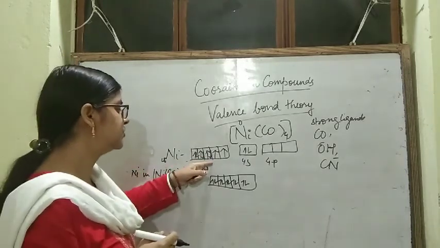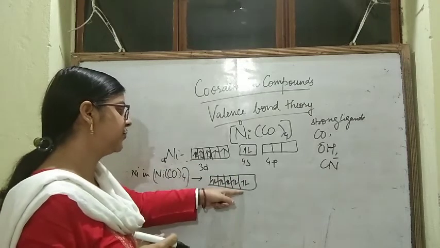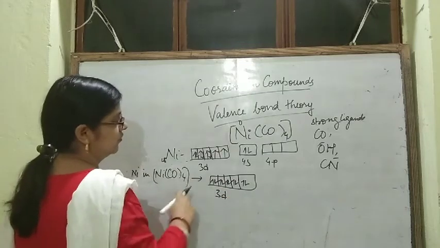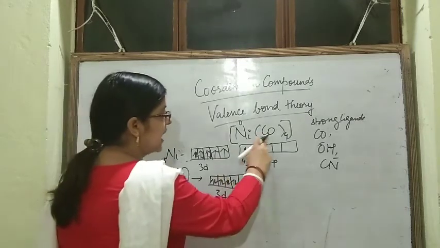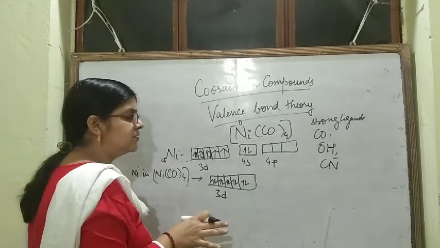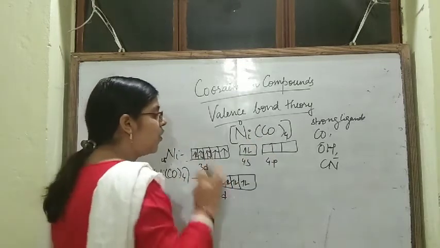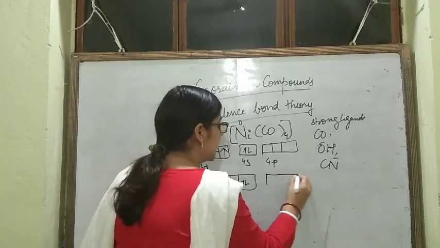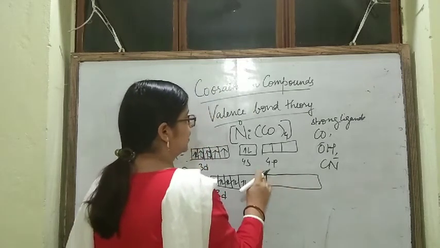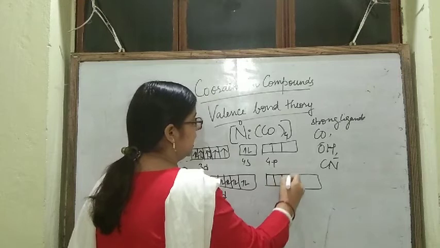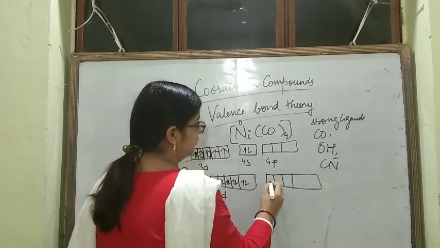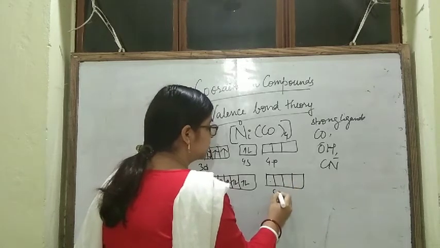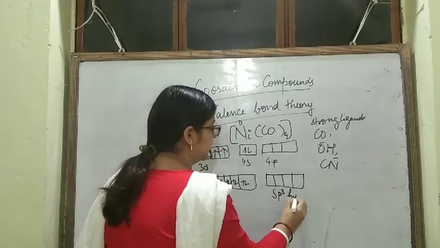So these two electrons will go into the 3d and the 4s electrons will move in, so we are getting 3d fulfilled. Now there are 4 carbonyl molecules, so we need 4 empty hybrid orbitals. So one 4s and three 4p orbitals will combine to give sp3 hybrid orbitals.